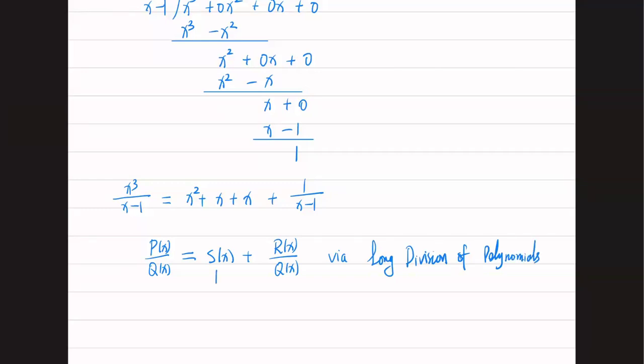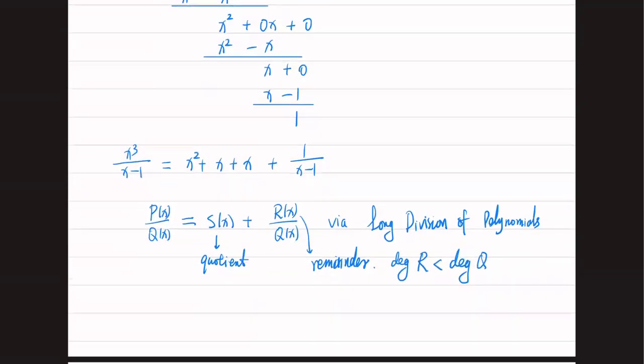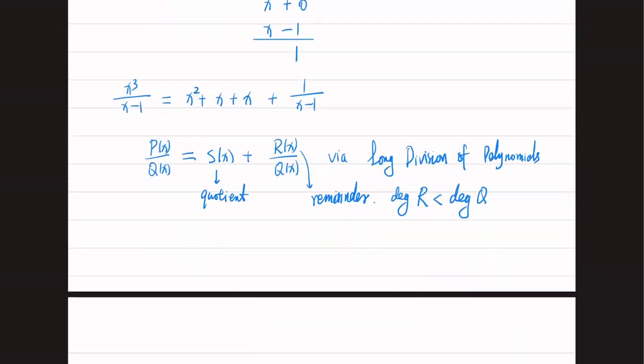Here, this is the quotient and this is the remainder, and the degree of R is less than the degree of Q. When we want to integrate, this polynomial part is always easy.